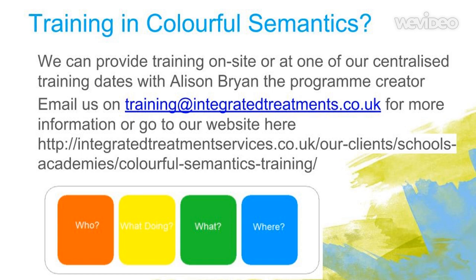So do look at the colourful semantics video if you haven't had any insight into what it is and how it might help. It can be very good to use alongside your literacy work when you're trying to develop language production and language development, as well as focusing on the speech sound difficulties they have.